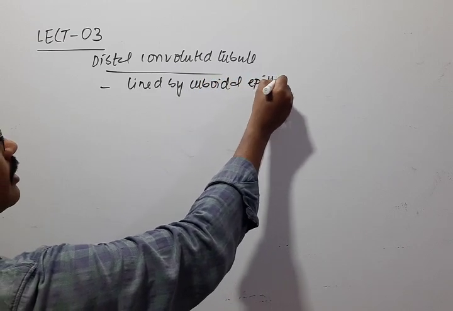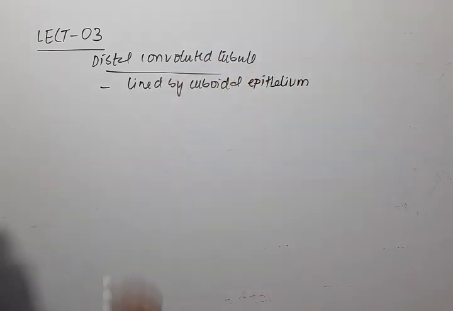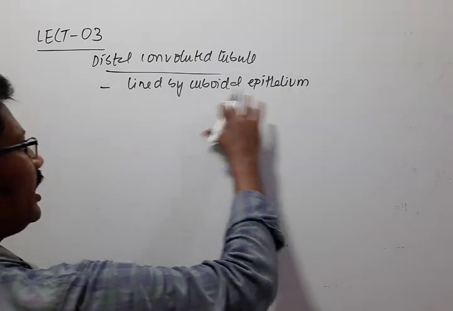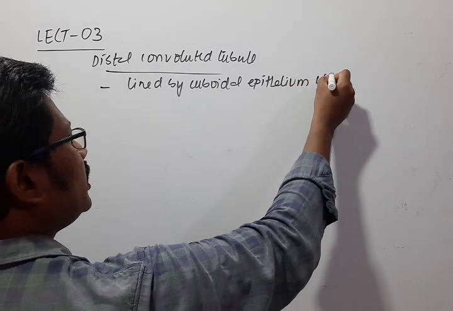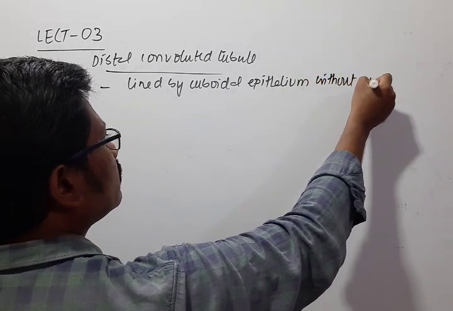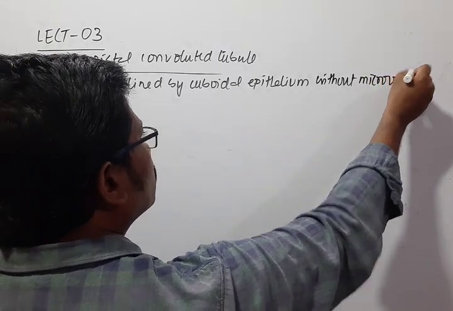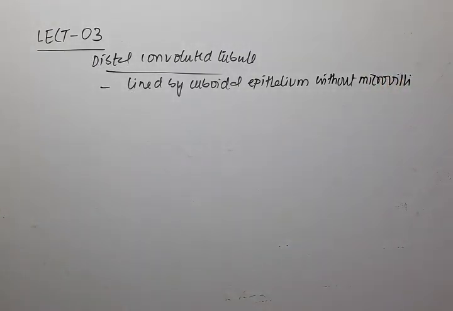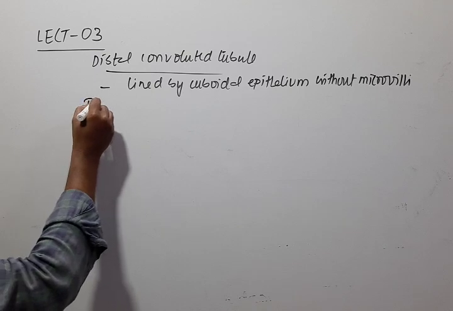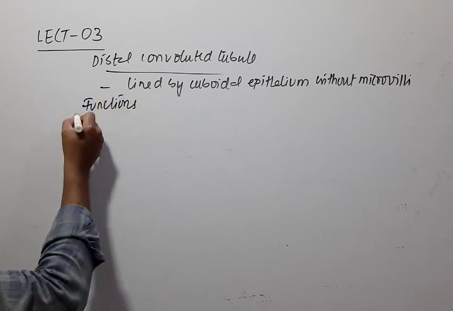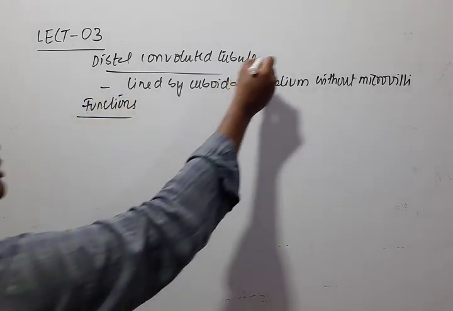Unlike in the case of the PCT, where the cuboidal epithelium has microvilli, in this case the cuboidal epithelium will not have microvilli. So it is lined by cuboidal epithelium without microvilli. Now let's see the functions of the distal convoluted tubule.